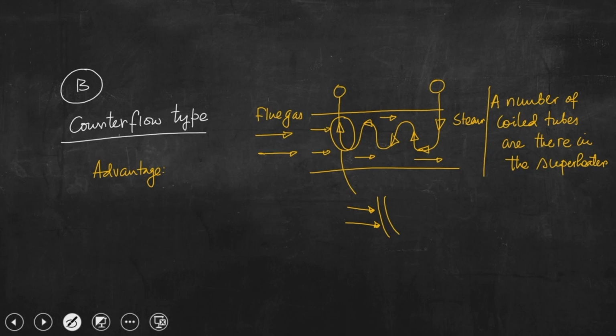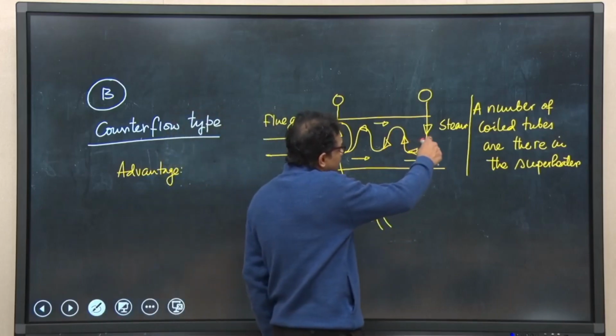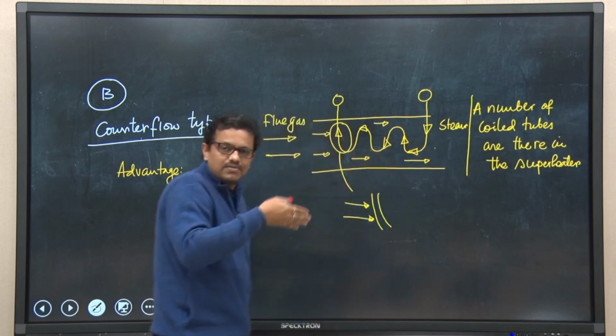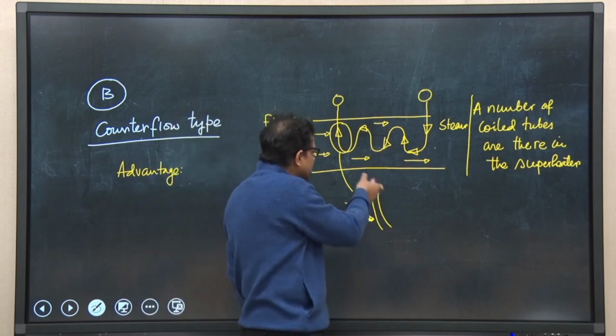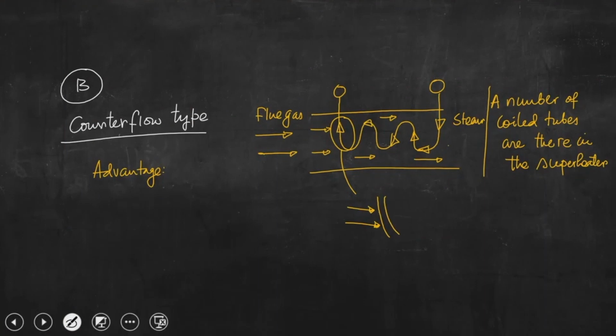So, steam has already acquired some temperature from the flowing flue gas, but when that steam is coming over here, the inside temperature of steam is very high already, while the outside temperature of the tube also will be very high because this is the part which is first approaching the flue gas which is having high temperature.